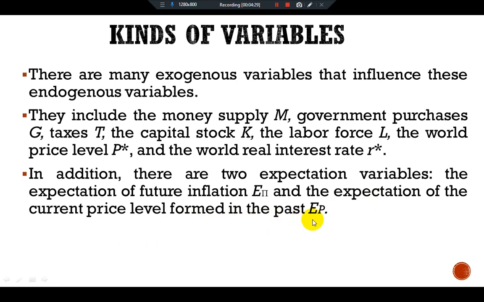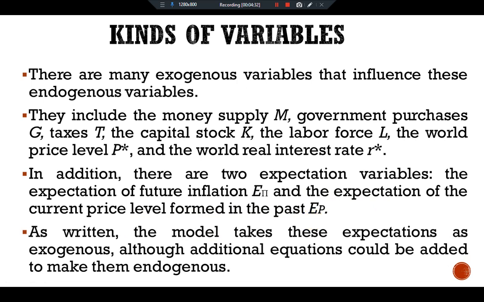As written, the model takes these expectations as exogenous, although additional equations could be added to make them endogenous. Although the mathematical techniques are available to analyze this 7 equation model, they are beyond the scope of this video.